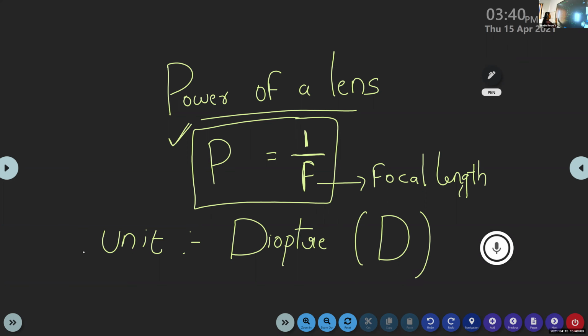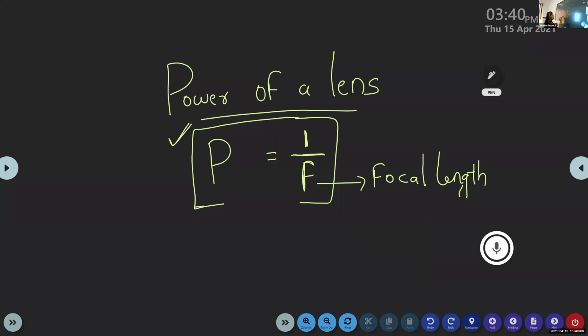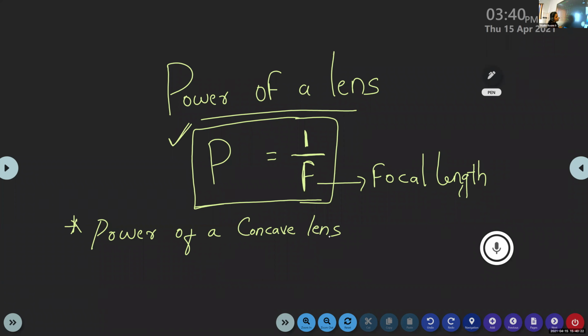Now I will give you an important point that you may please note here. Power of a concave lens. Can you guess what about the power of a concave lens?